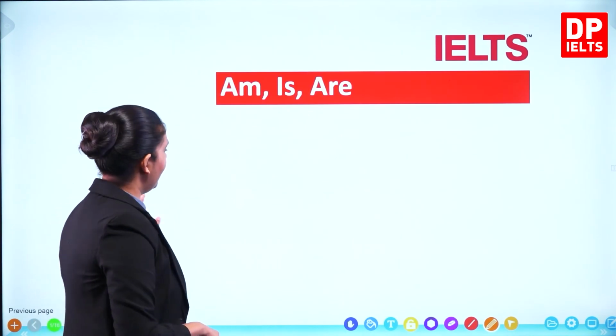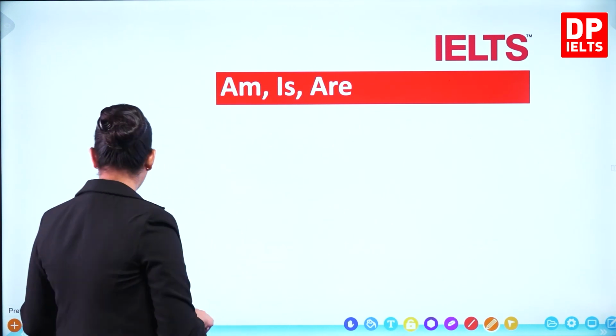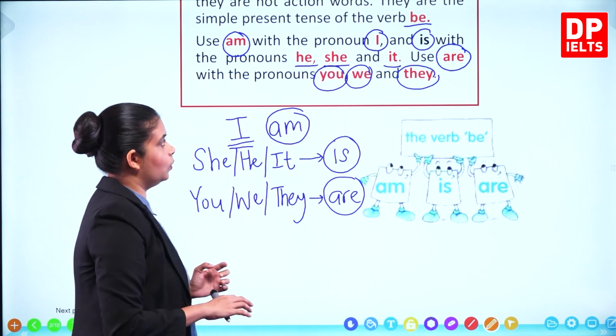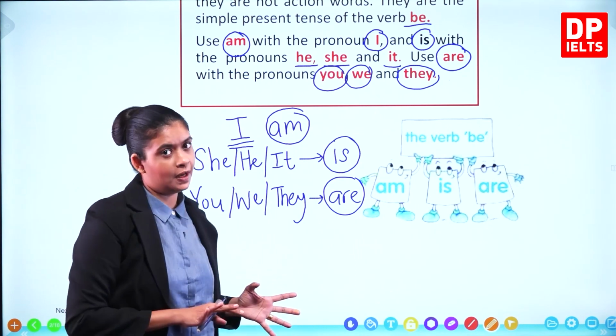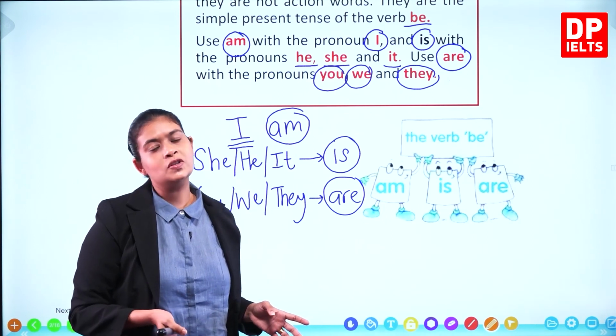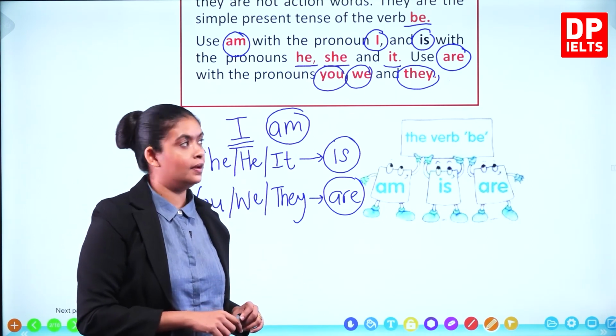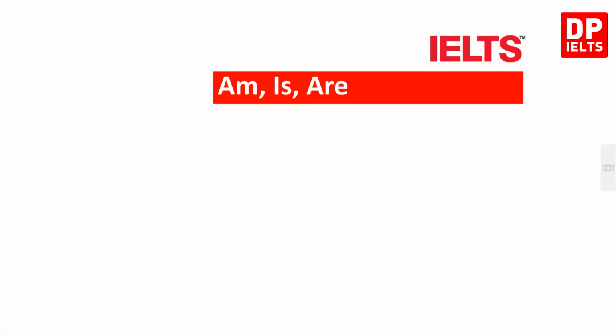We had a look at am, is, are, right? And we call these type of verbs, they are also verbs, but we call them the be verbs or we call them auxiliary verbs. They support the main verb. Right. ஸோ நாங்கள் இன்னைக்கு பார்த்தோம் am, is, are sentencesல எப்படி யூஸ் பண்ணுறதுன்னு சொல்லி.